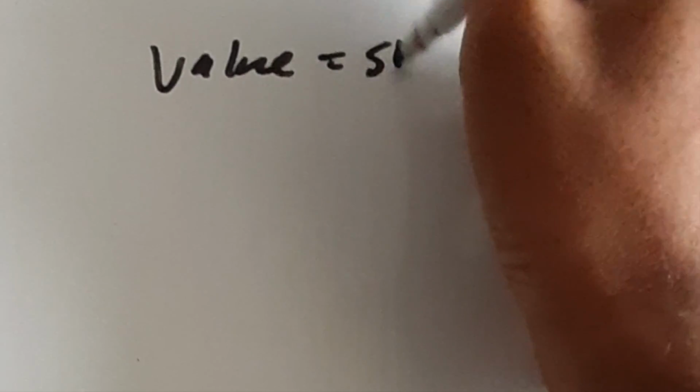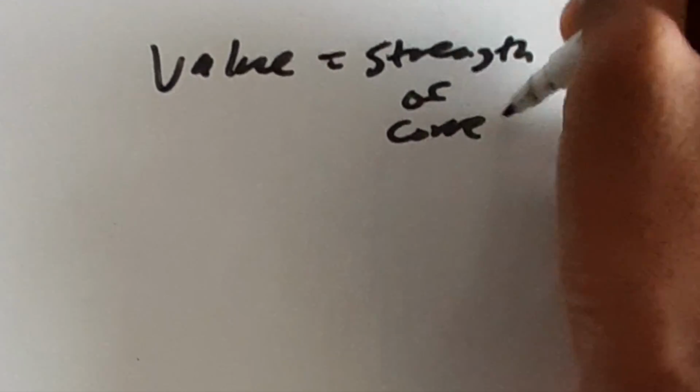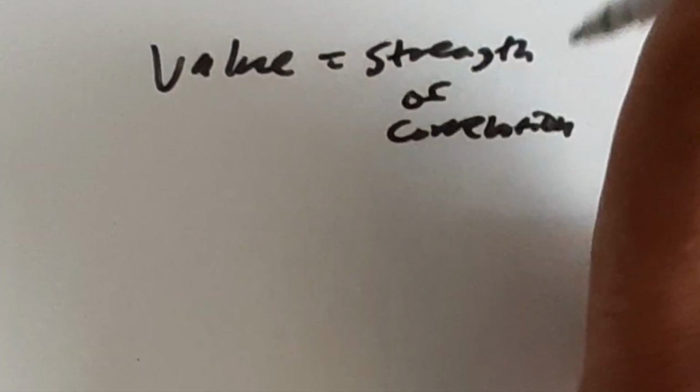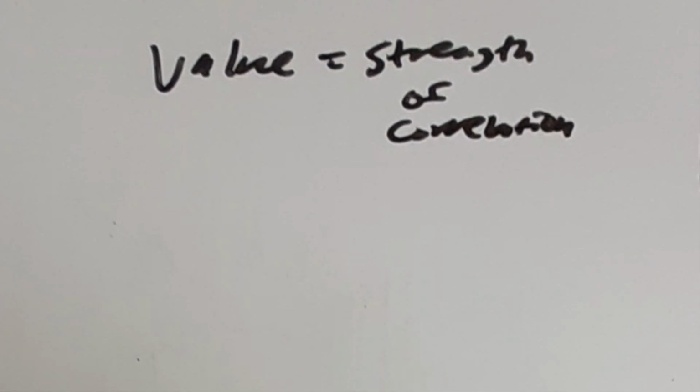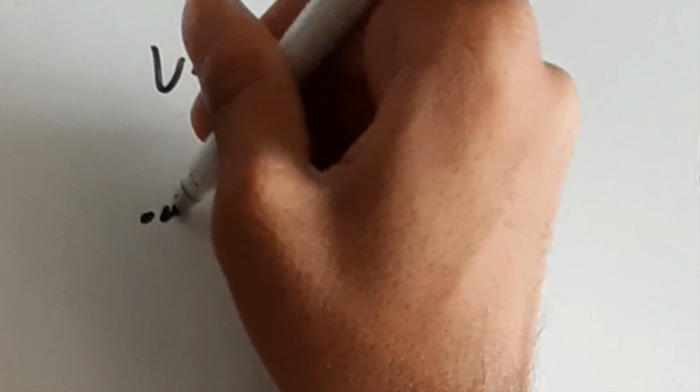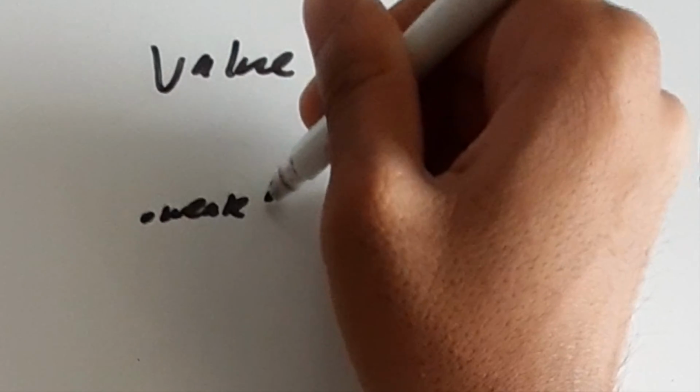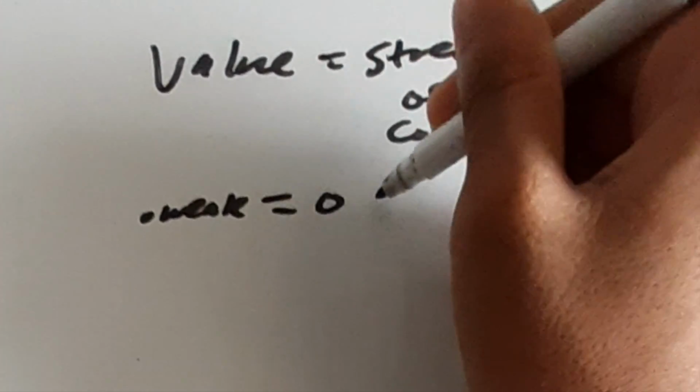The value of the coefficient itself indicates the strength of the correlation. So the value of the coefficient equals the strength of correlation between the tested variables. What the scale is: a weak correlation has a value between 0 to 0.3.